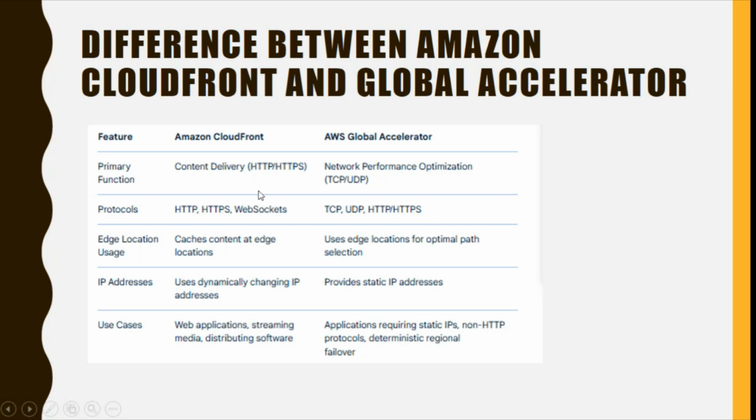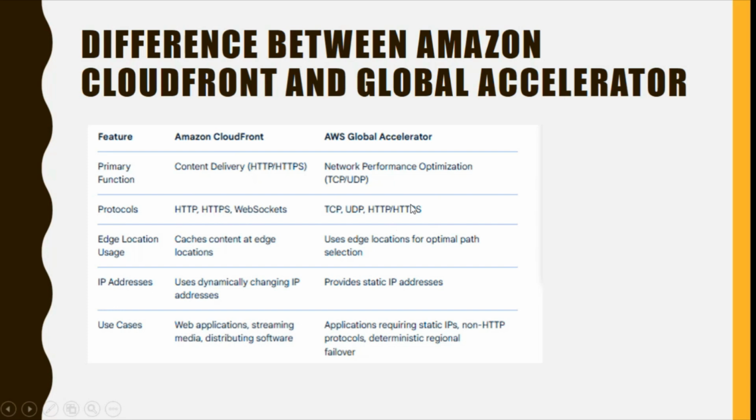So here the differences are basically this: Amazon CloudFront is a content delivery network where it stores your data at the edge locations, but here it is a network performance optimization. Here it doesn't store your data, it optimizes your path to forward the traffic. CloudFront supports HTTP, HTTPS only.